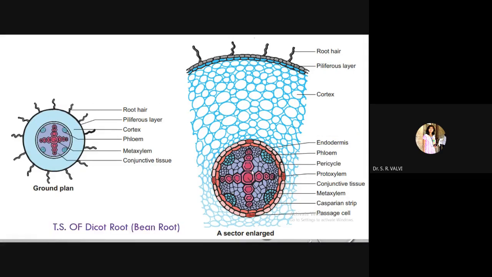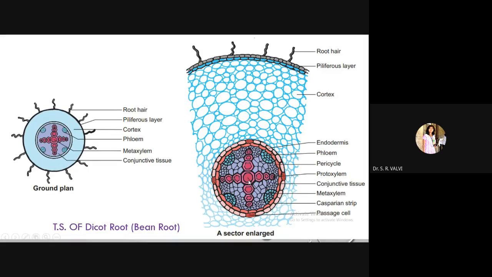So again this is the dicot root, right from the outermost layer. I'm not going to explain this because a similar kind of layer is present. Only here, right from the piliferous layer, there is only one layer of hypodermis, and the rest of the cortex is in major layers, again with parenchymatous cells with intercellular spaces between them.